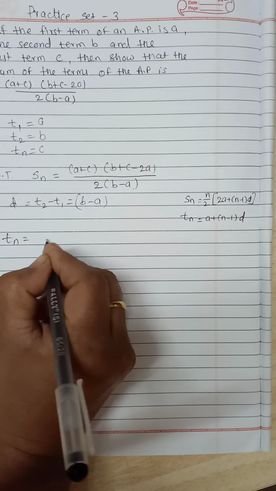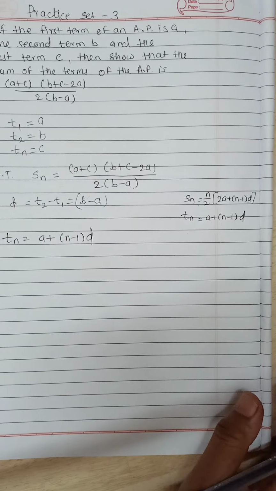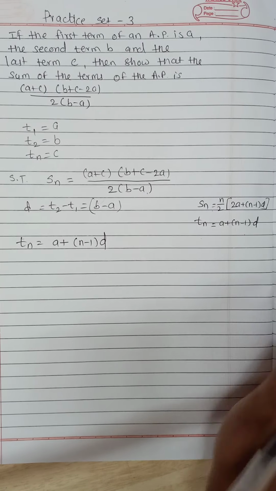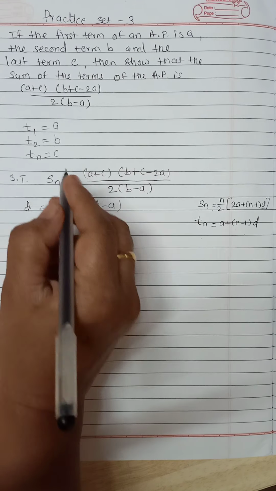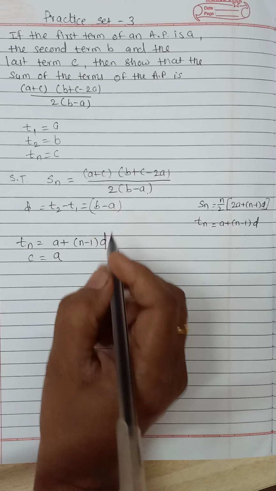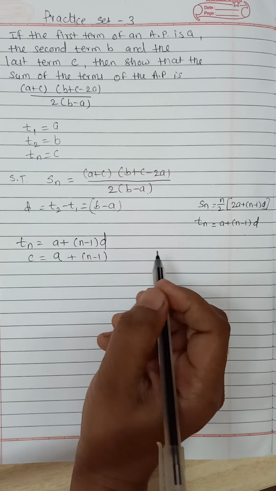Tn is equal to A plus (n minus 1) into D. Tn is the last term, that is C, the first term is A, this is n minus 1, and D is the common difference, B minus A.